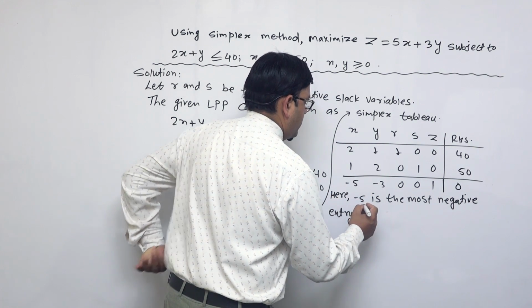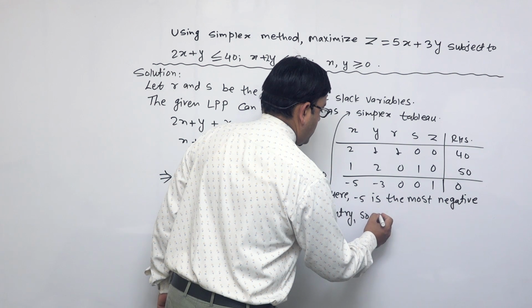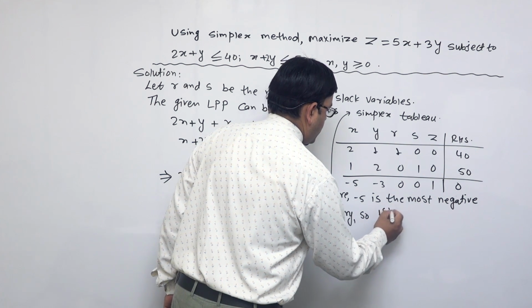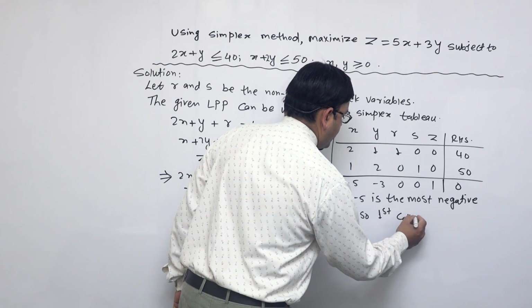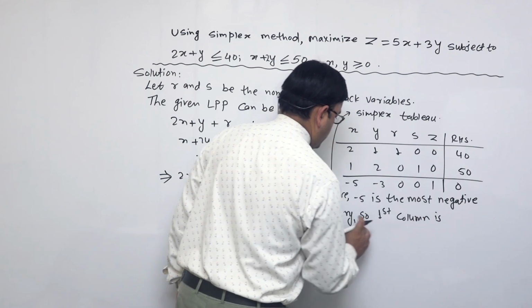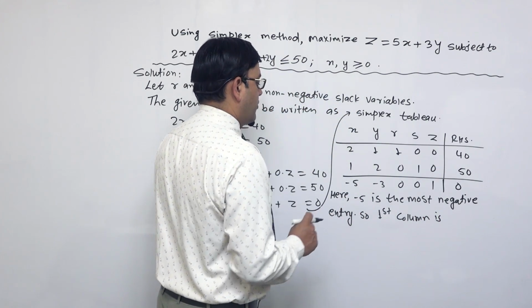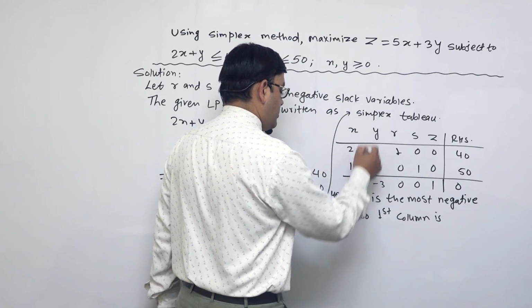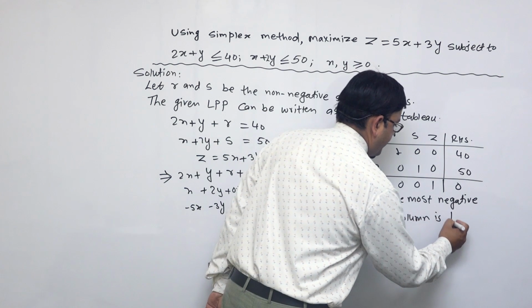So the first column is the pivot column.